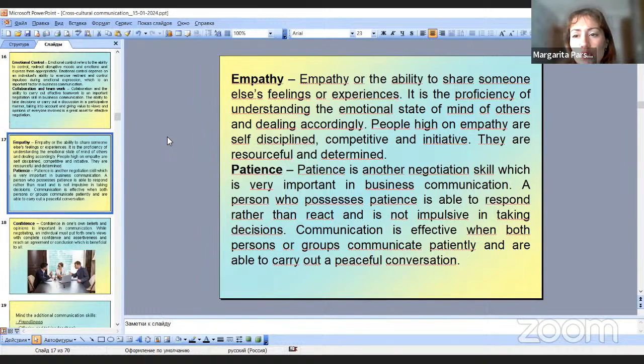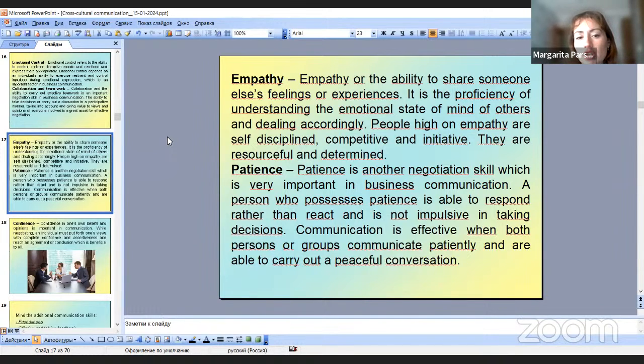With these people, it's less stressful to lead communication, because patient people tend to take good decisions, decisions that can be perceived and accepted by every person in the communication process. Communication is effective when both persons or groups communicate patiently and are able to carry out a peaceful conversation.